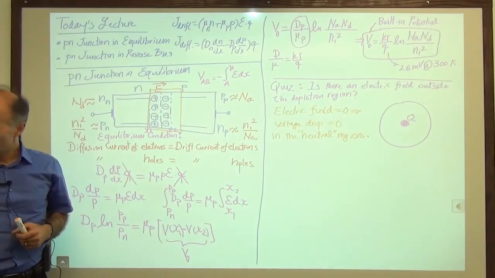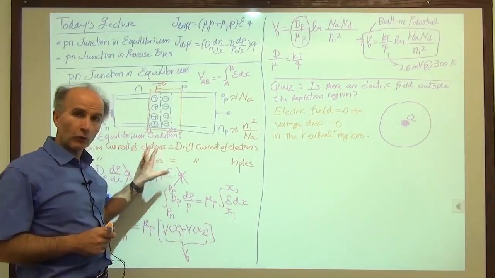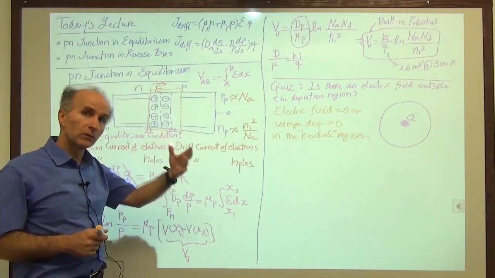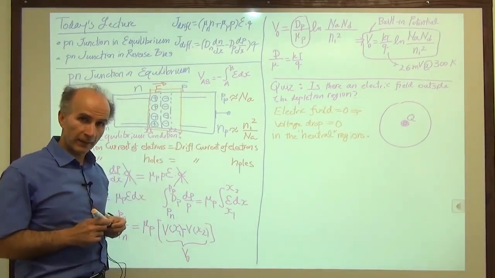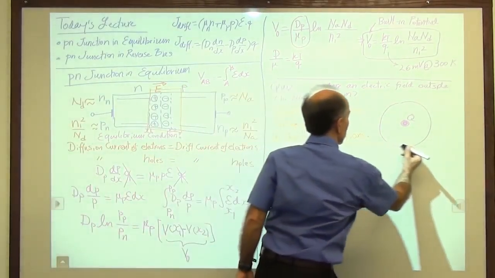We are now ready to make a few observations about the equilibrium condition before wrapping this up and going into the reverse bias condition. So let me write the observations here.